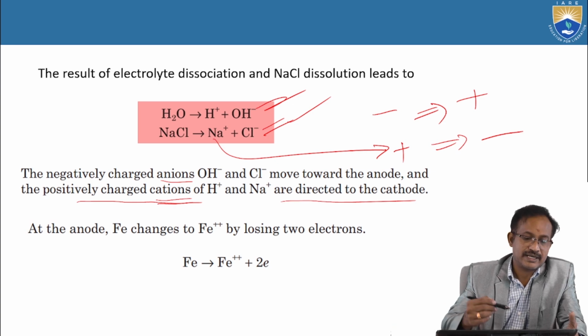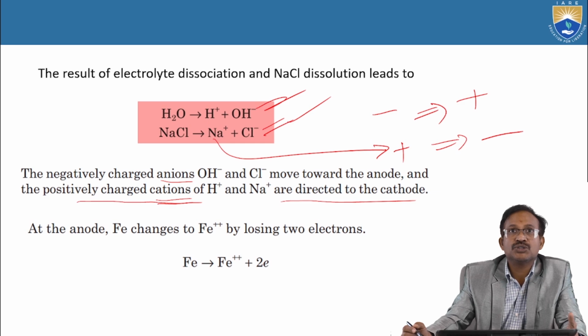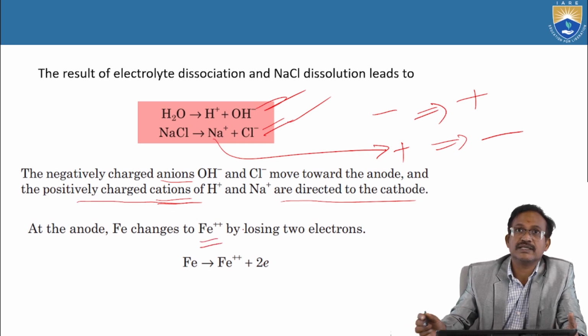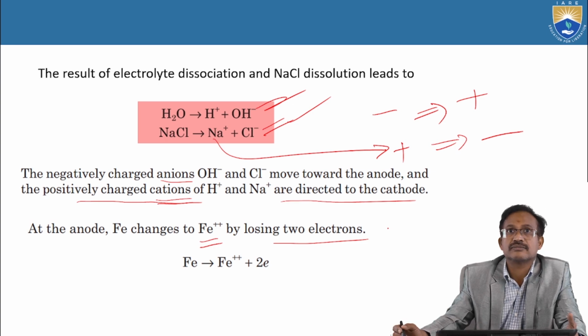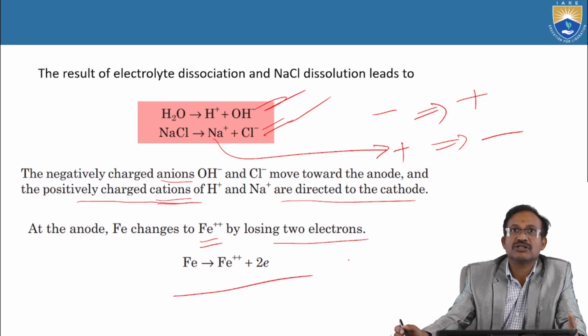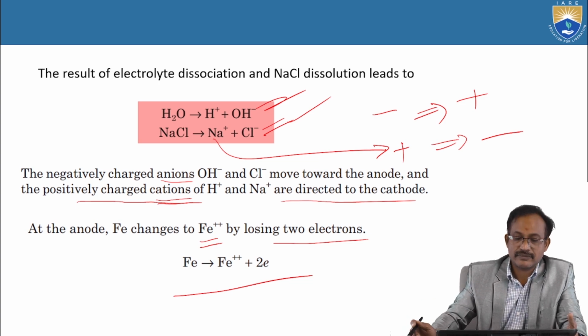At the anode, Fe changes to Fe2+ by losing 2 electrons. This is the equation of dissolution: Fe gives rise to Fe2+ plus 2 electrons.